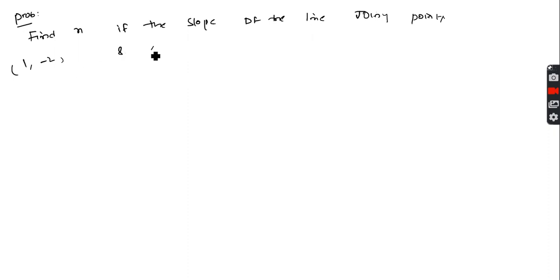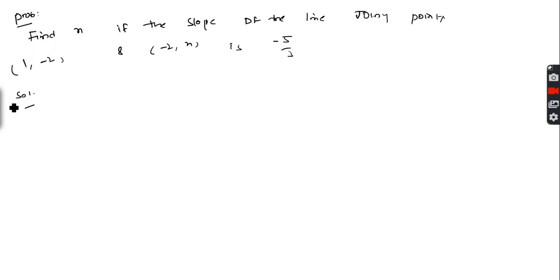And next, the next question is: find the value of x if the slope of the line joining points 1 comma minus 2 and minus 2 comma x is minus 5 by 3.